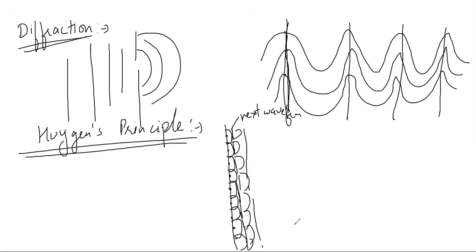So this was your Huygens principle, which states that on these wavefronts, every single point, if of course it is not obstructed by something, is going to act as a source of secondary wavelets, and these secondary wavelets are going to move only in the forward hemisphere. That's basically how your wavefronts propagate in space.